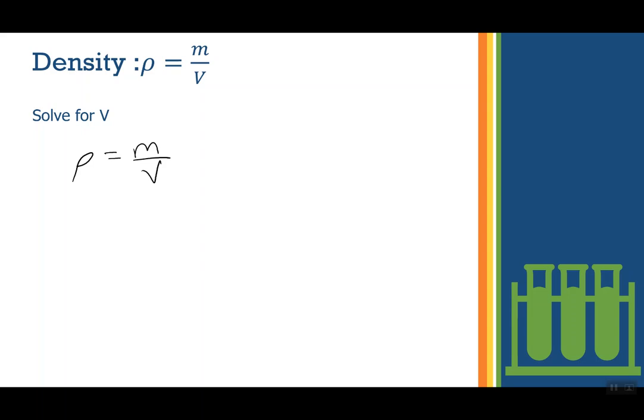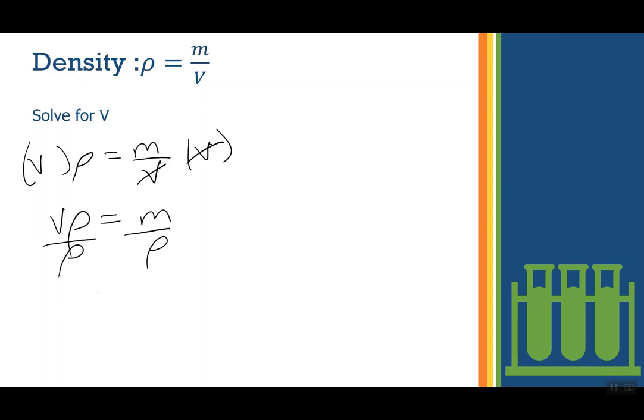So the first thing I'm going to do is get that V out of the denominator by multiplying both sides. V is out of the denominator on the left. So on the right, I have V times rho is M. To get the V by itself, I just do a simple division. So now I have V is M over rho, or if you want to say P, that's fine with me.